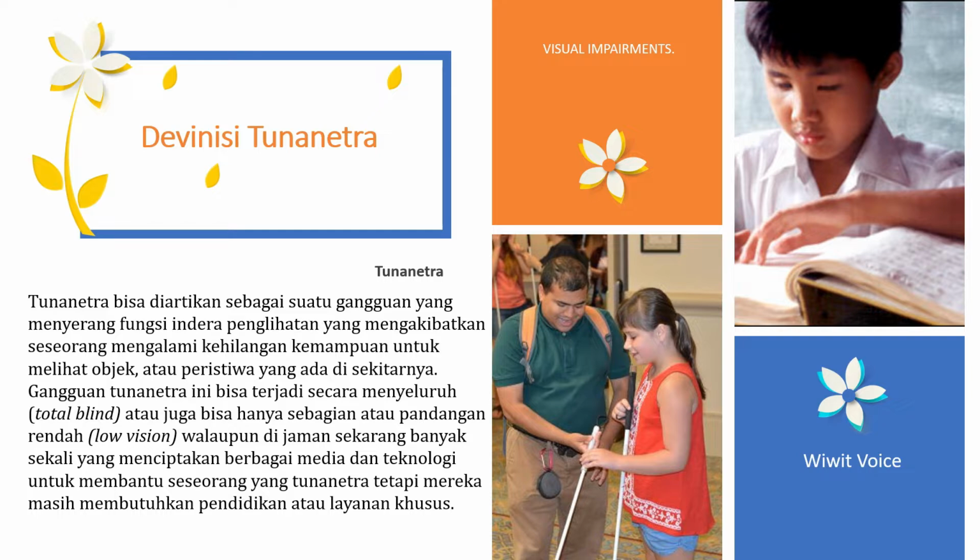This visual impairment can occur as a whole, or total blindness, or it can also be only partial, or low vision. Even though in today's world there are many who create various media and technologies to help someone who is blind, they still need special education or service.